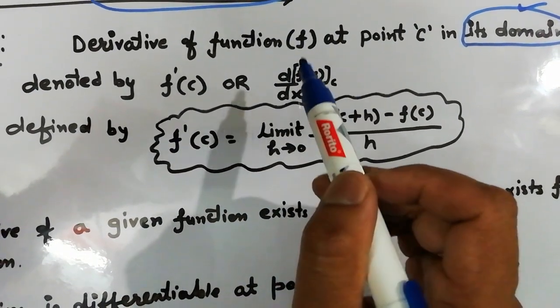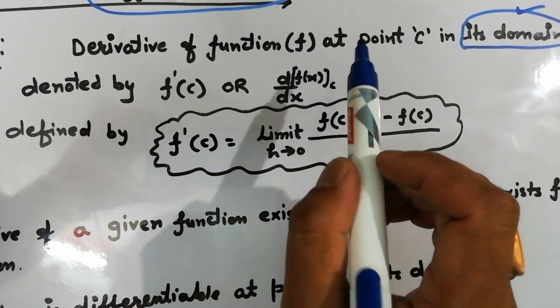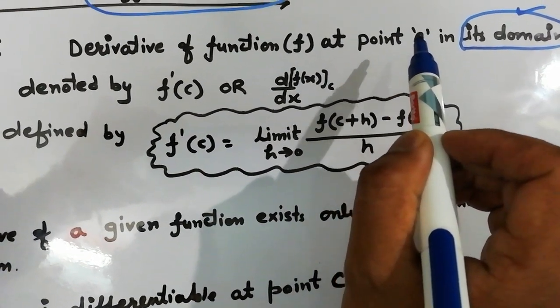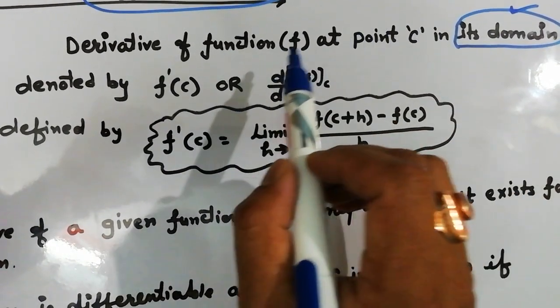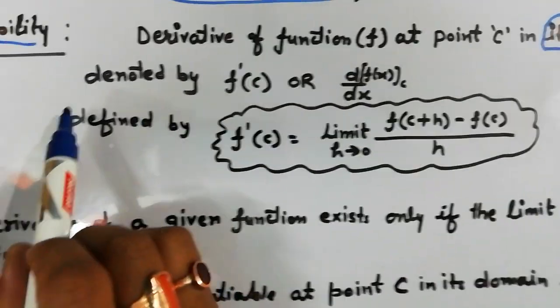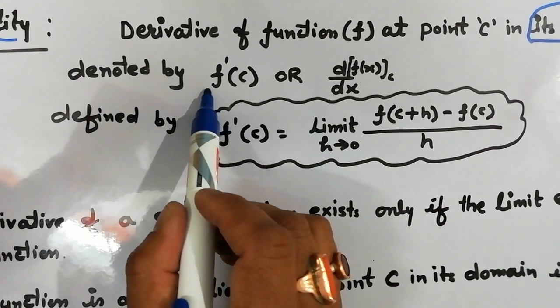So suppose we are considering a sine function, then we have to consider the point c which lies in the domain of the sine function, which is denoted by f dash c.